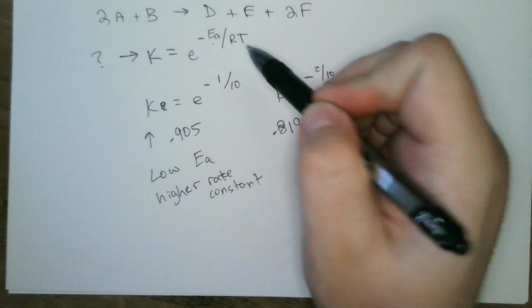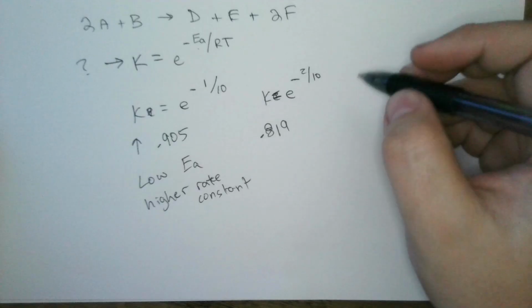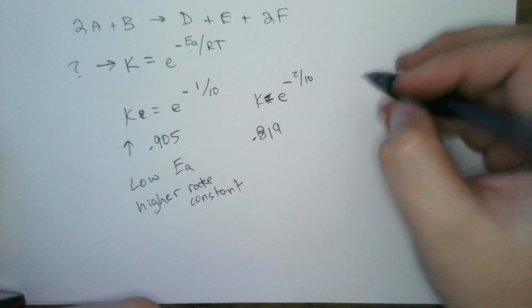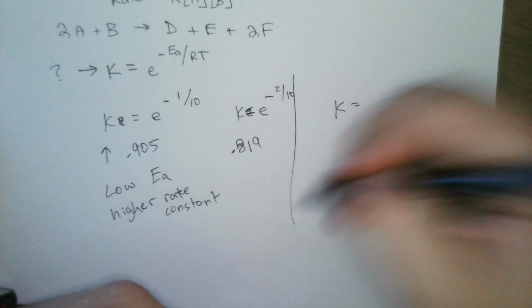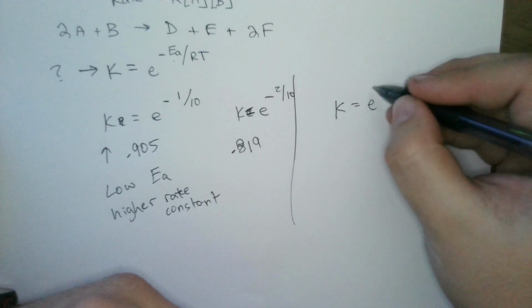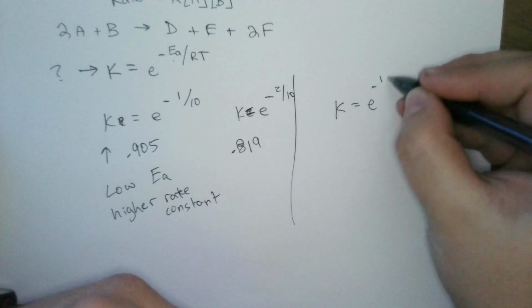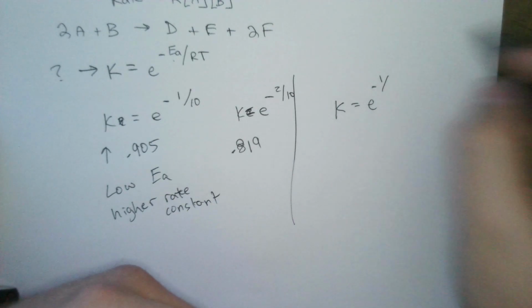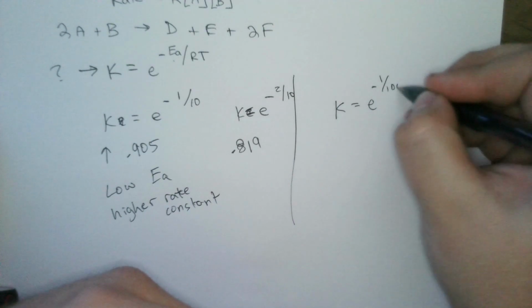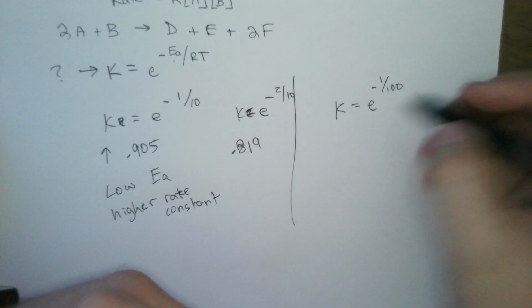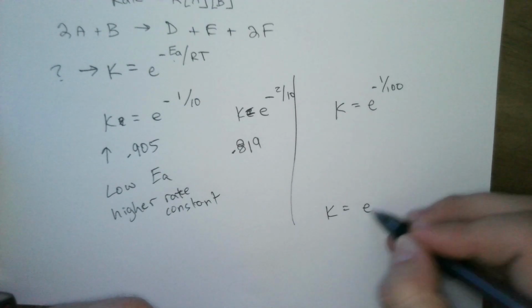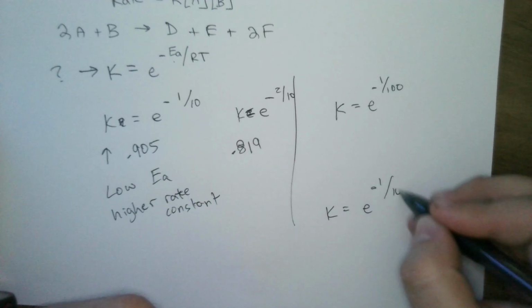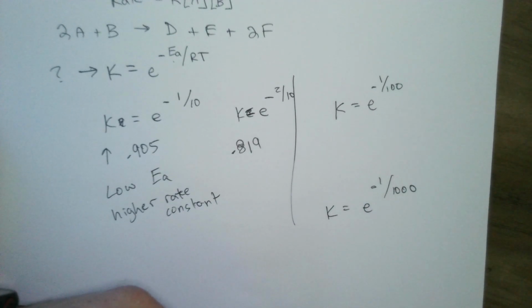Now we're going to do the same thing for temperature, right? So I'm going to do over here, K equals E to the negative 1 over, we're going to start with 100 Kelvin. And then we're going to do at, let's see, 1000 Kelvin. We're going to see how it affects it.